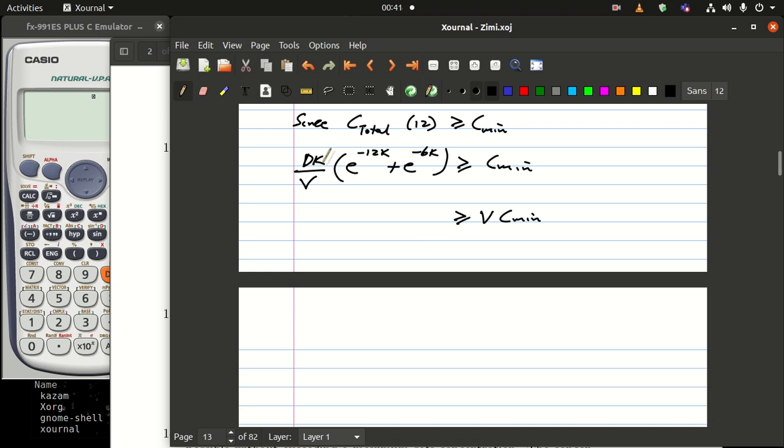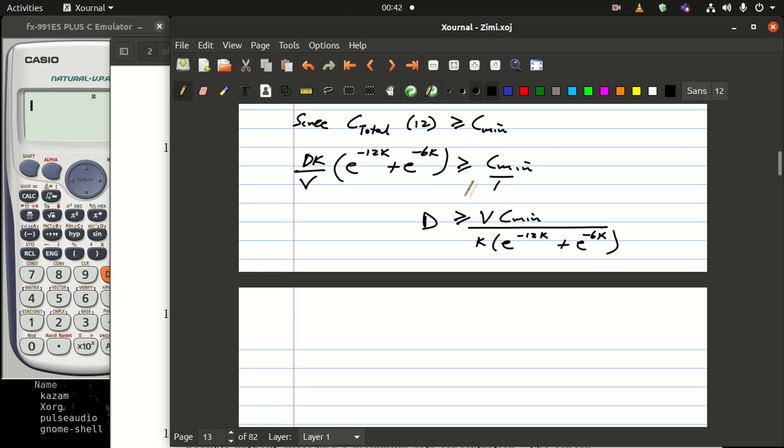And then because these ones are actually in the numerator, they go to the denominator, so we'll end up having k times e raised to minus 12k plus e raised to minus 6k. So we are actually having our D must be bigger than that. I cross multiplied here because we have a 1.